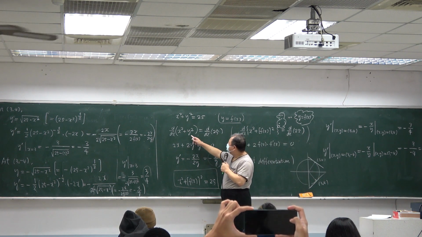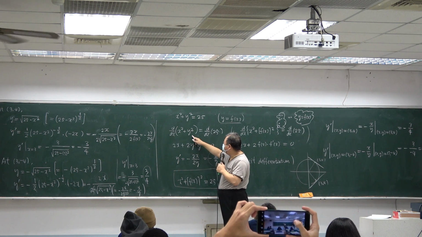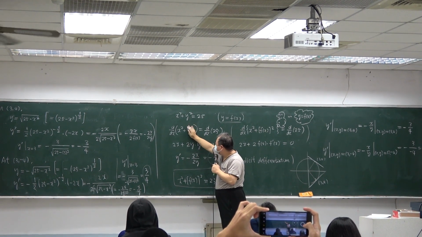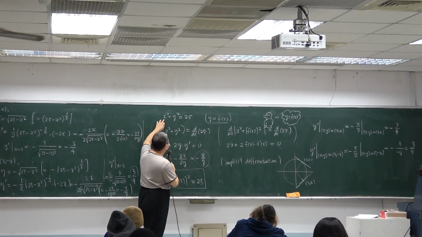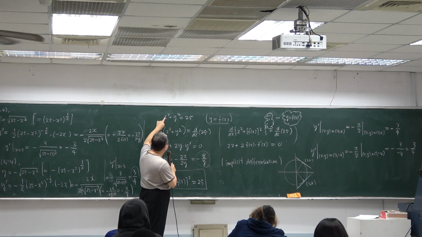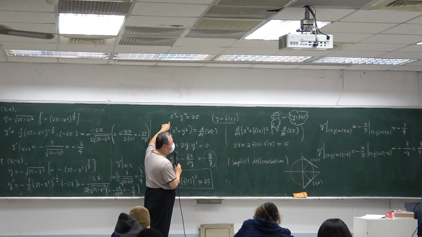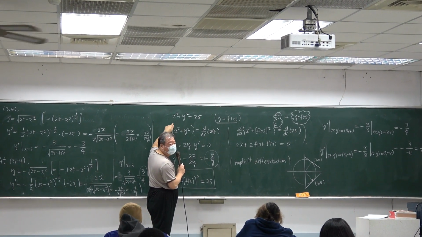Here y is not an independent variable. If this were an independent variable, then we would treat this as a constant, and this would be 0. But now y is a function of x, because when x is given, for example 3, we have y equals 4.